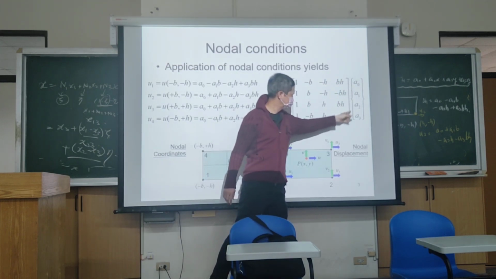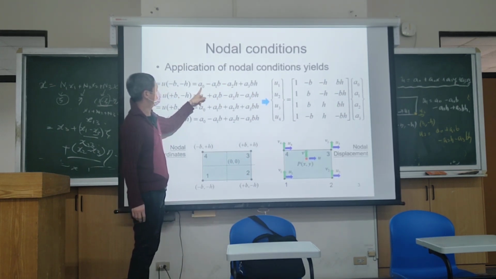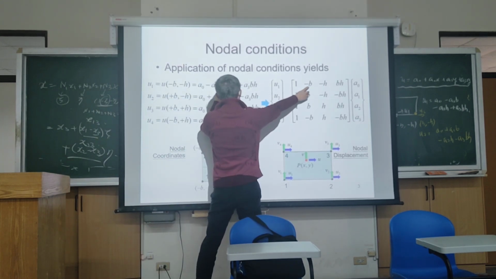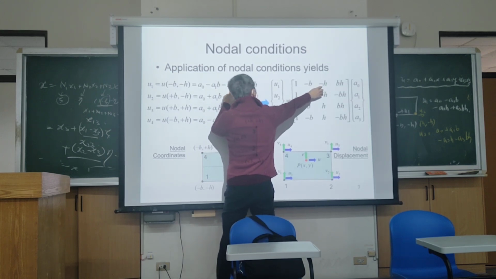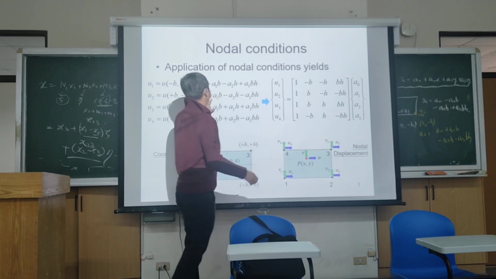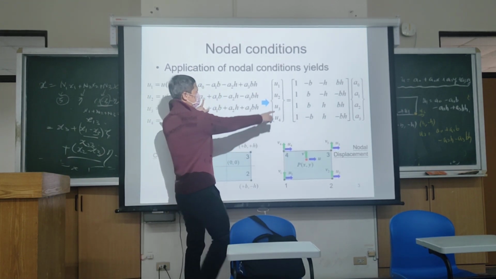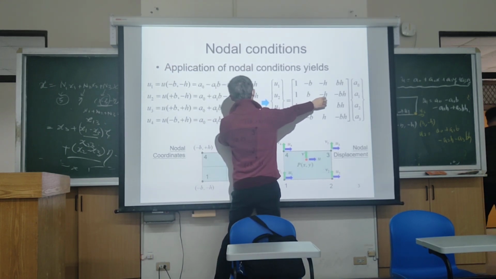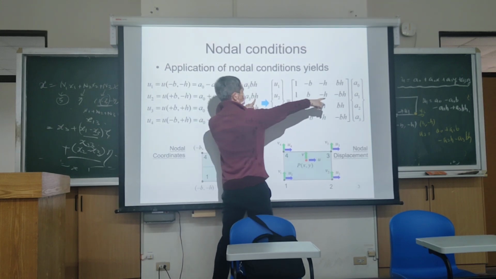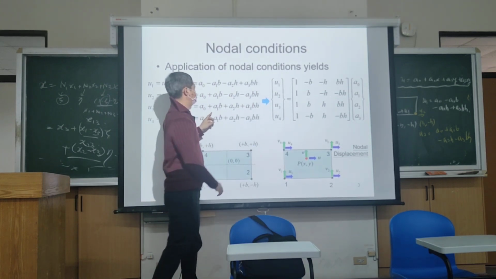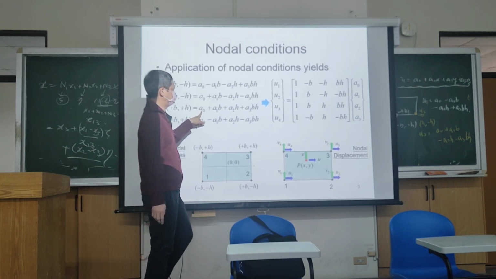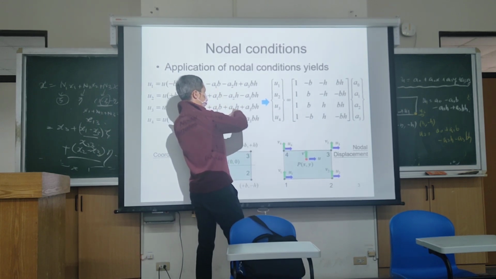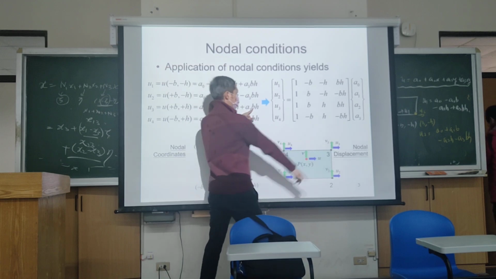And these matrices are just the coefficients. The first row is 1 times a0, minus b times a1, minus h times a2, bh times a3. And then how about the second row? The second row is 1 times a0, b times a1, minus h times a2, and then minus bh times a3. And likewise, for the third equation, you have 1 times a0, b times a1, h times a2, and bh times a3.